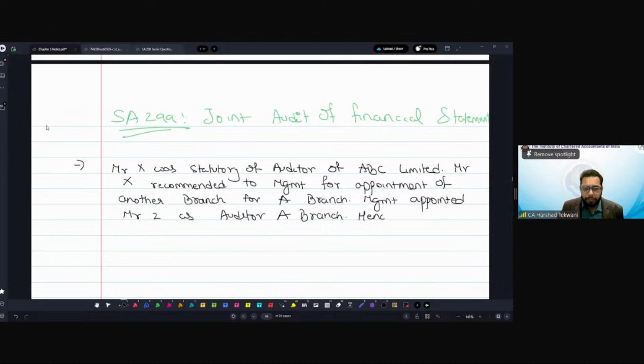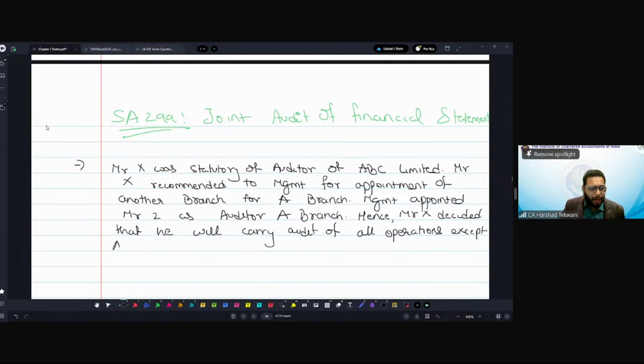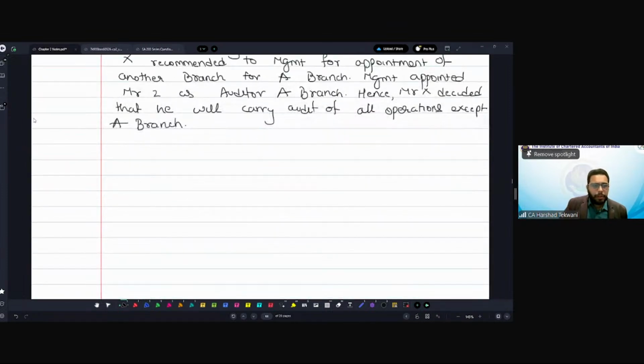Hence, Mr. X decided that he will carry out the audit of all operations except A branch, which will be done by Mr. Z. Is this example, or this scenario, a joint audit?